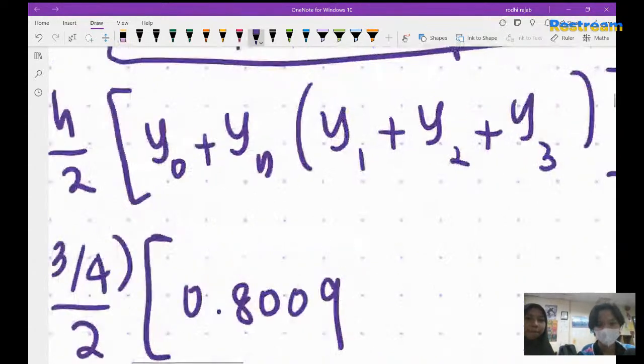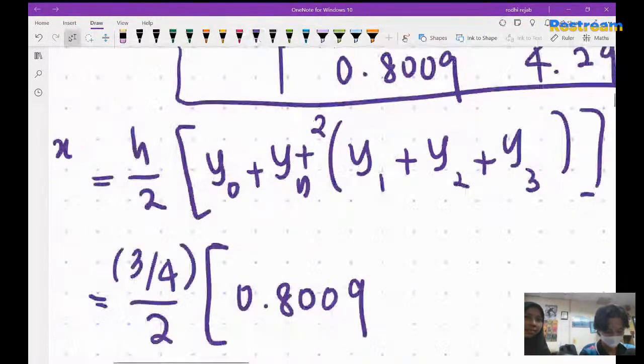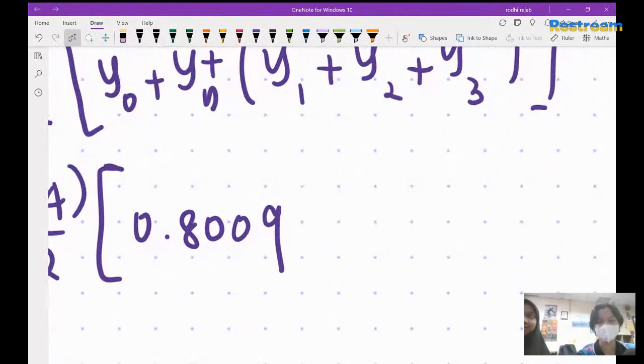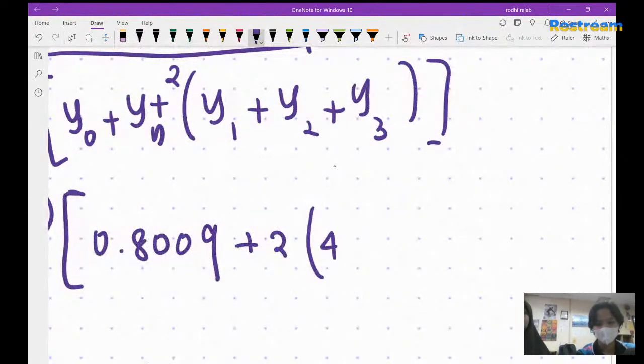Oh, sorry, this part should be plus 2 times 4.2964, that is 2 times y1 plus y2 plus y3.